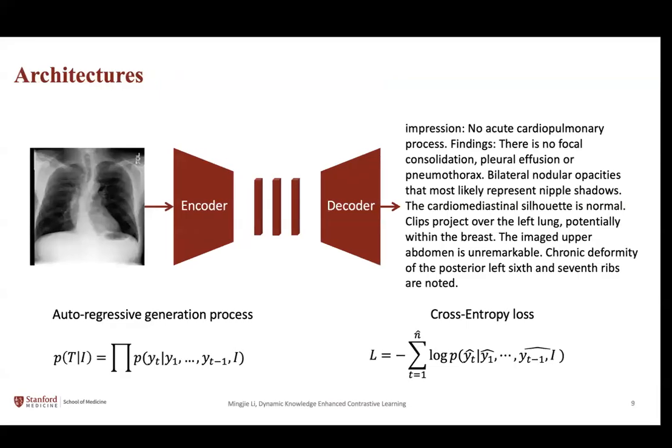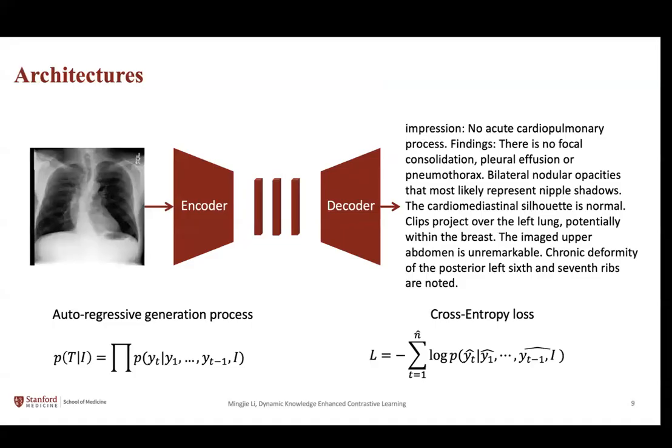So here I will briefly introduce the medical report generation models for the related work. Medical report generation models often employ an encoder-decoder architecture, where the encoder processes input data such as medical images, and the decoder generates the corresponding textual report.